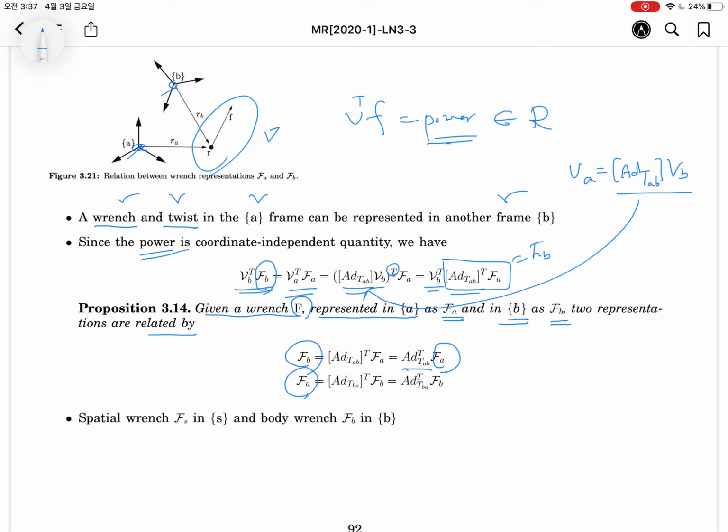On the other hand, F_A is the adjoint map of T_BA transpose F_B. Okay, so the transpose of the adjoint map is used to relate the two wrenches.